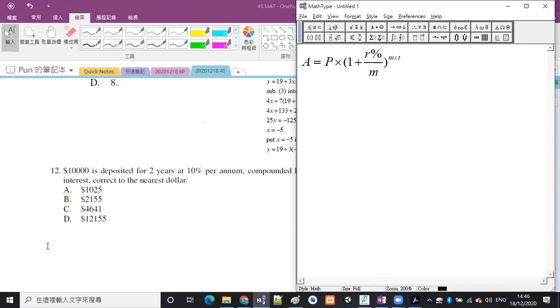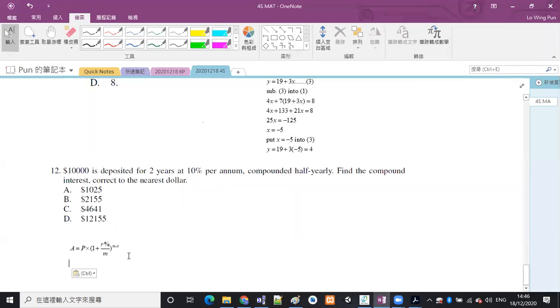What is M? A is the amount, and then P is the principal. R% is the interest rate, and then T is the number of years.